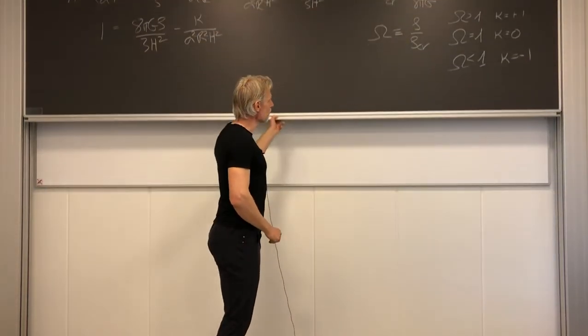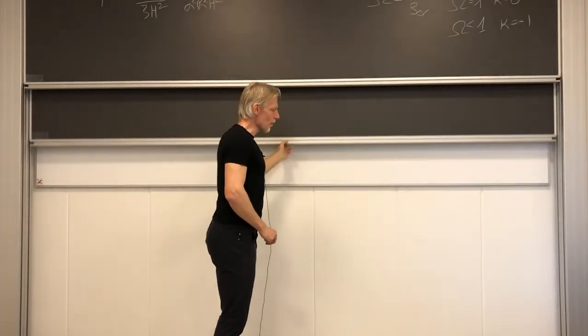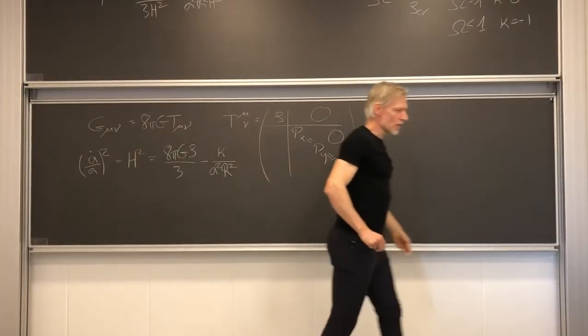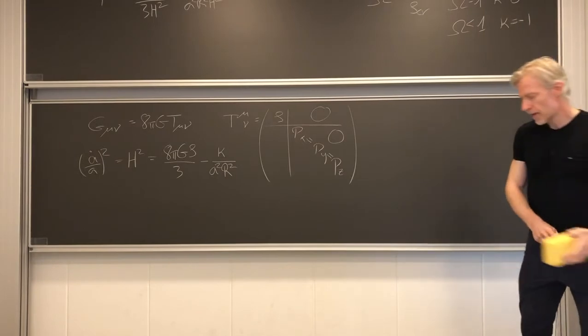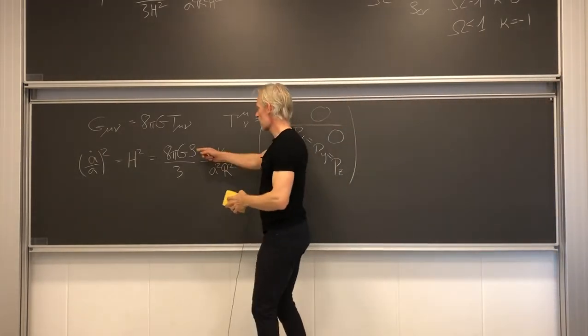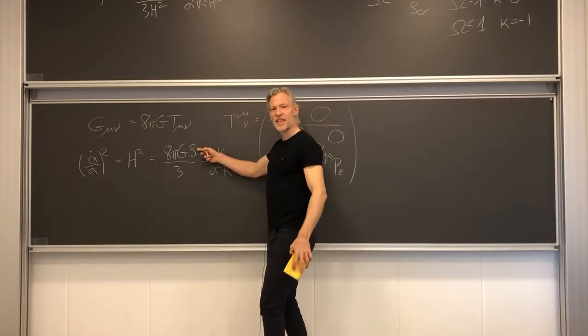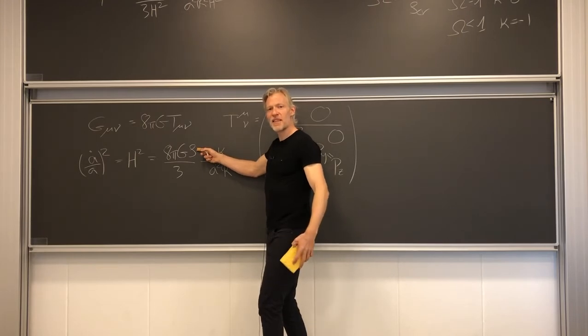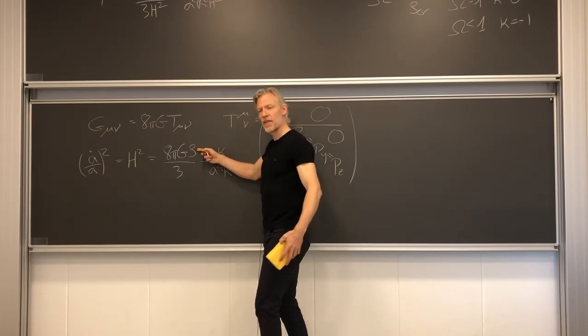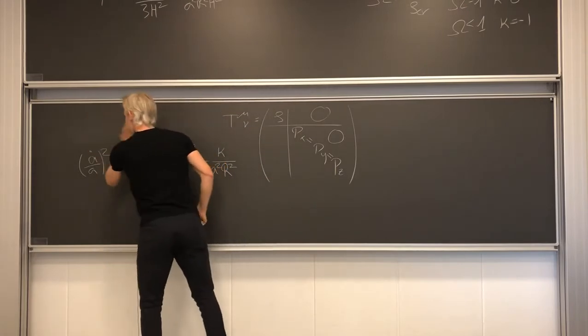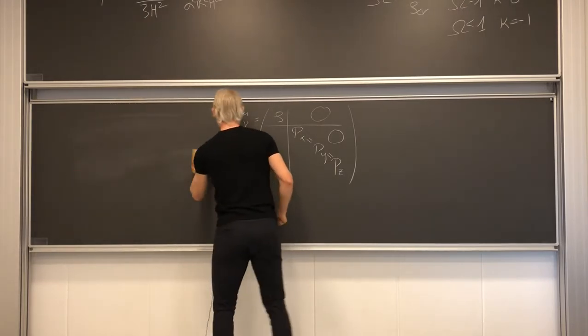Okay, so let's now proceed. So the next question to be addressed is what is the evolution of the energy density as a function of scale factor, and how would one go about solving that?